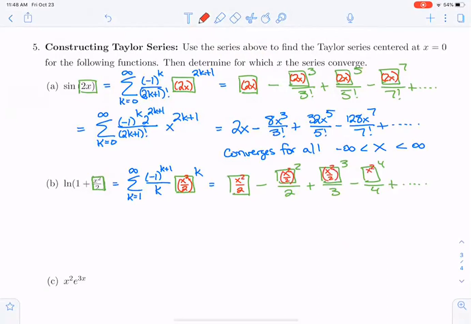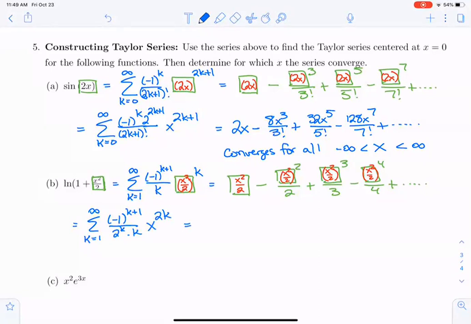And we can expand these out to find the series. So this is actually going to look like the sum from k equals 1 to infinity of -1 to the k plus 1 over k; in fact, it's going to be over 2 to the k times k, and then it would be x to the 2k power.